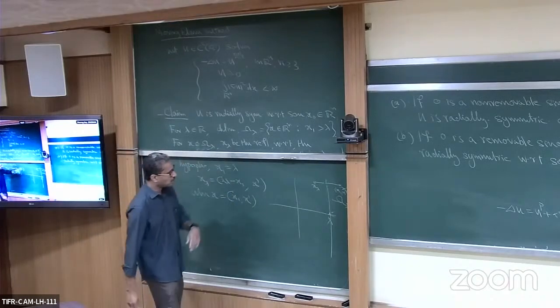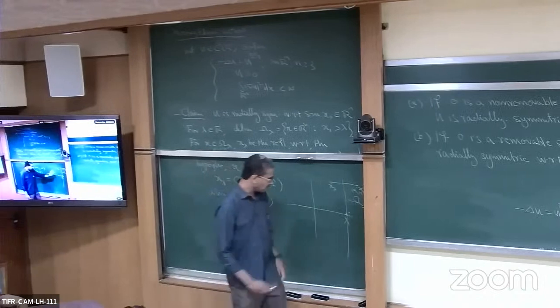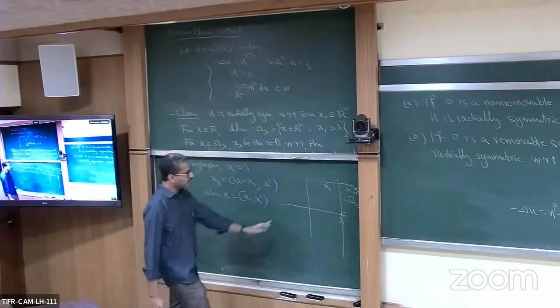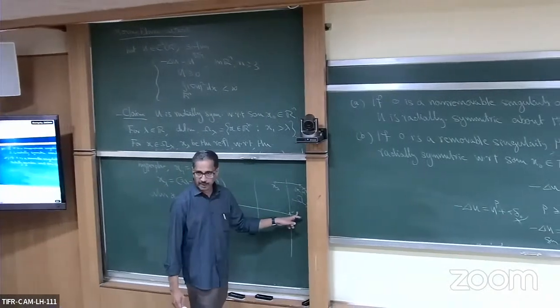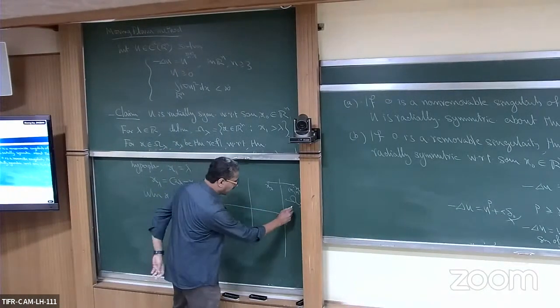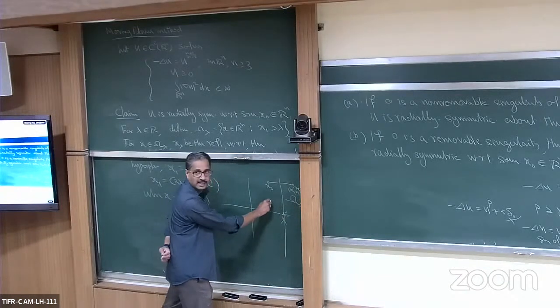So now I have a solution which is defined everywhere. In particular, it is defined in omega naught. I'm going to define the reflection of those functions. That means I take a point here, I reflect it here, and I take the value.